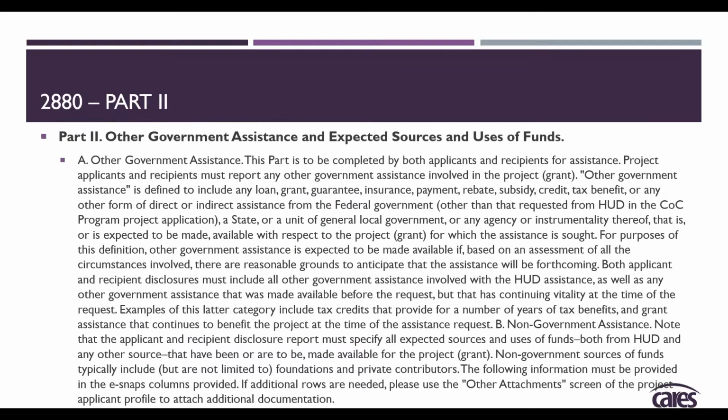So what you're confirming are parts 2 and 3. And I did copy and paste, because this is important to understand what they're asking of you in parts 2 and 3. So in part 2, they're asking if you're getting other government assistance and the expected sources and uses of that funding over a certain financial threshold.